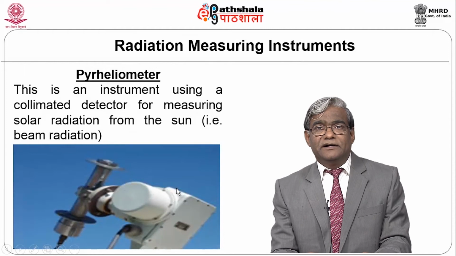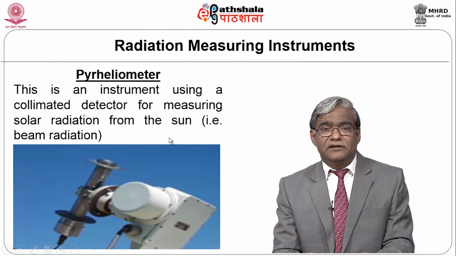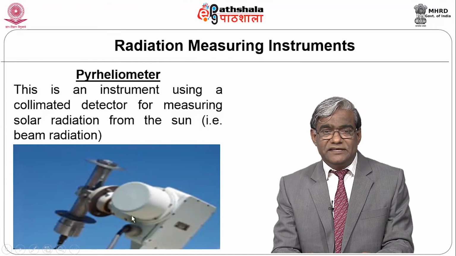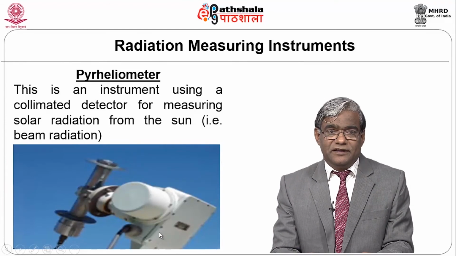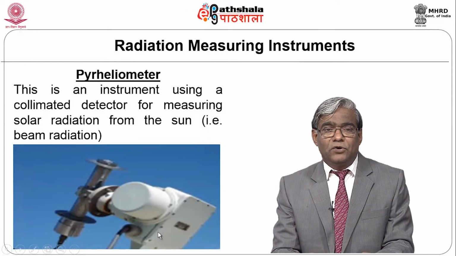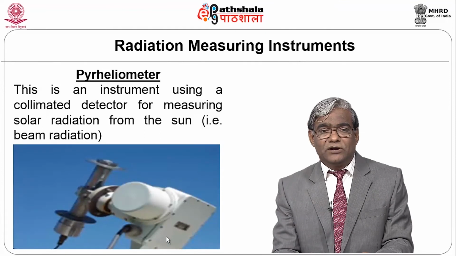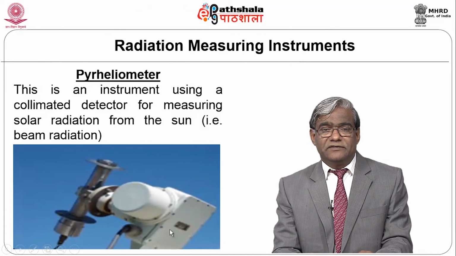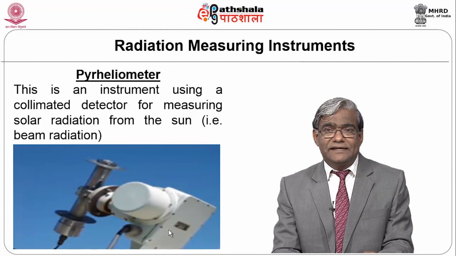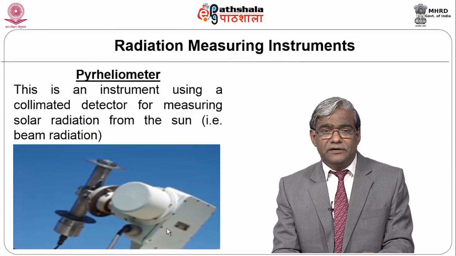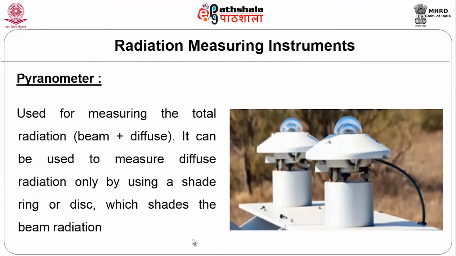These are some of the radiation measuring instruments. What we see here is a pyrheliometer. This is an instrument using a collimated detector for measuring solar radiation from the sun, that is, beam radiation. So the pyrheliometer is the instrument to measure direct or beam radiation. Another instrument is the pyranometer, used for measuring the total radiation, that is, beam radiation plus diffused radiation.